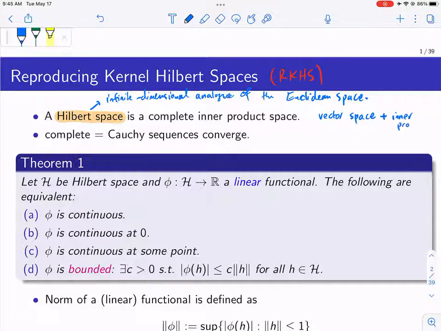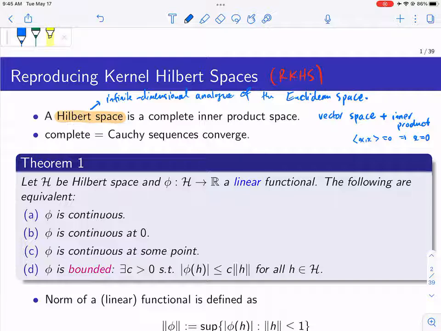These all have axiomatic definitions. A vector space has vector addition and scalar multiplication, and these two operations together satisfy the usual properties. And then the inner product is a bilinear form, which is positive semi-definite and also faithful, in the sense that if the inner product of X with itself is zero, it implies that X is the zero of the Hilbert space.